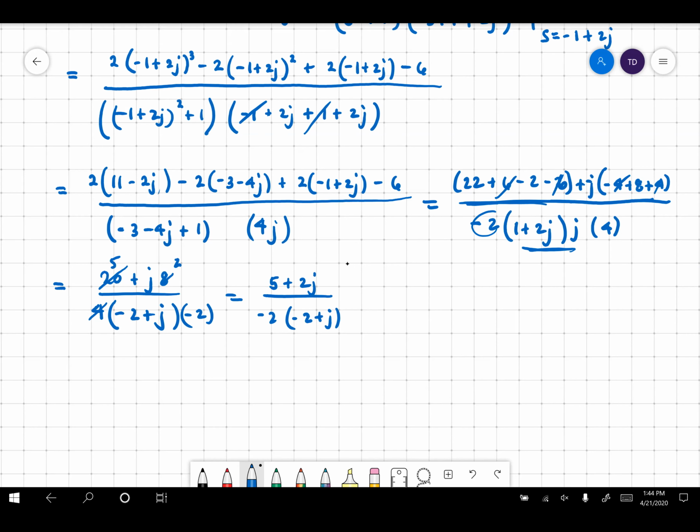minus 2 minus j, minus 2 minus j, equals minus 2. So we're going to end up with, when I multiply those two together, minus 2 squared, 4, 1 squared, plus 1, 5. Beautiful. Now in the numerator, the real part, minus 10 plus 2, 12.